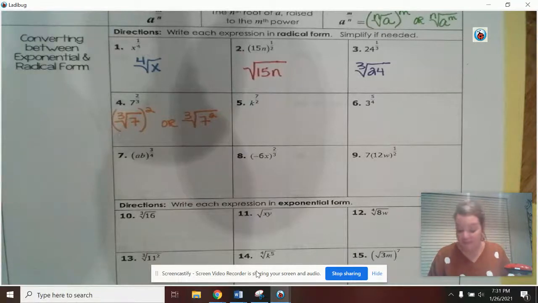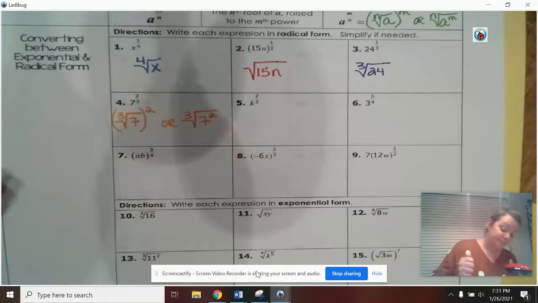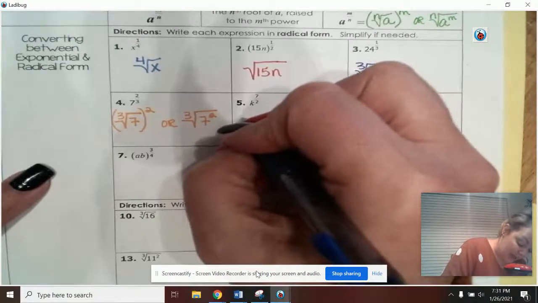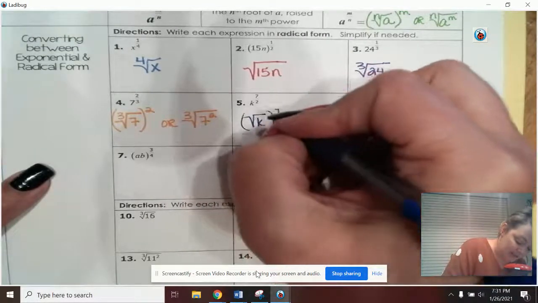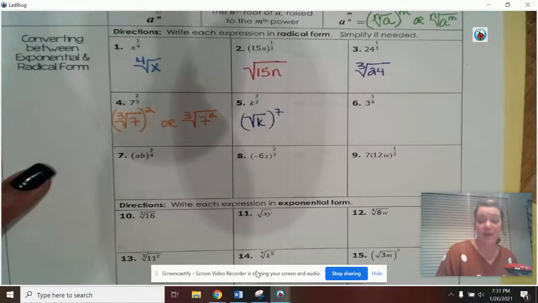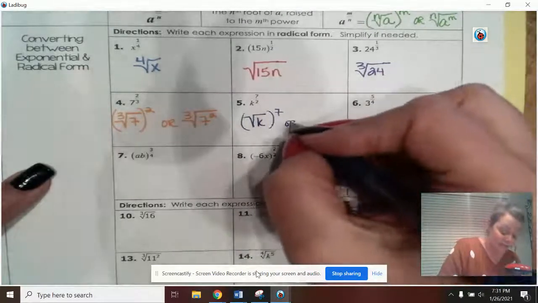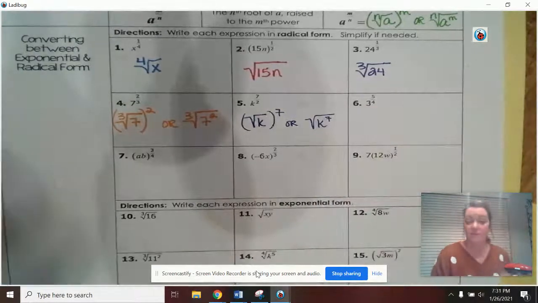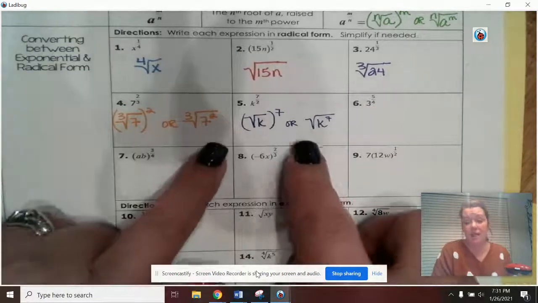k to the 7/2. All right, this is the square root because the number in the bottom is the root. So it's a square root and it's raised to the 7th power. So I'm going to write this one as the square root of k, and then I'm going to raise it to the 7th. Okay? You could also write it the square root of k to the 7th. Either way is fine, and I don't care which way you do it.